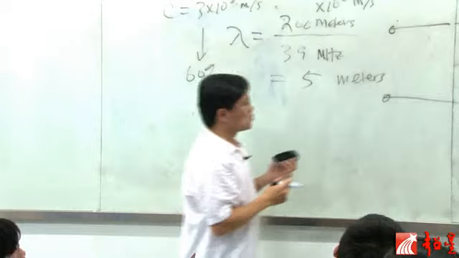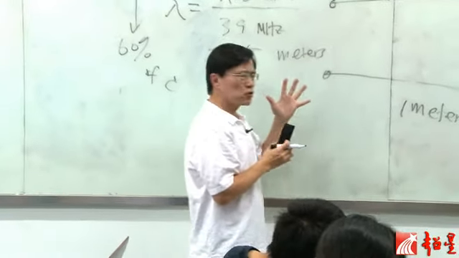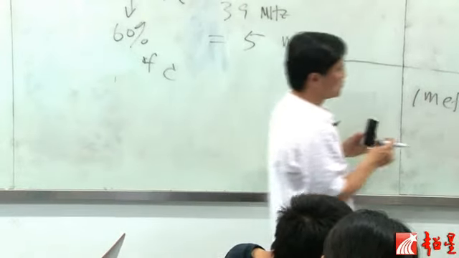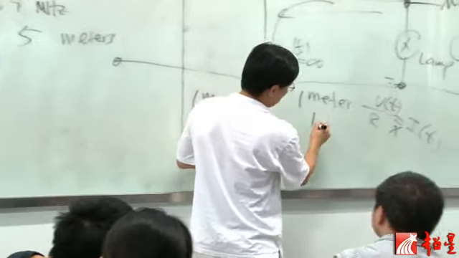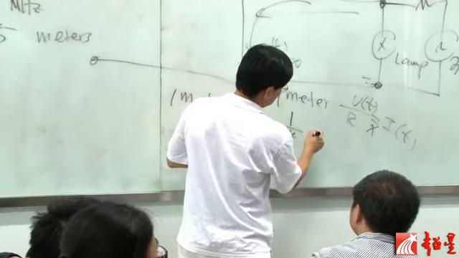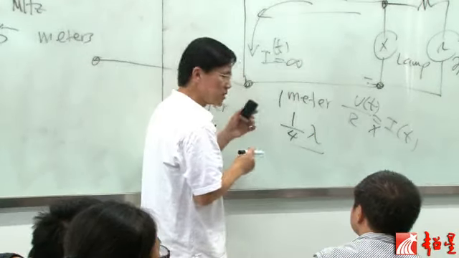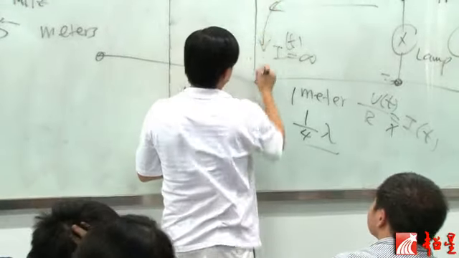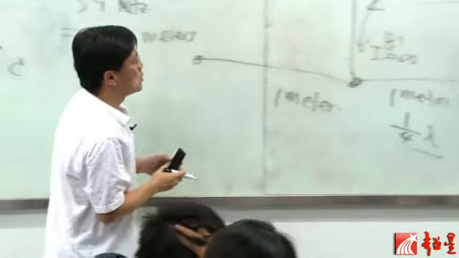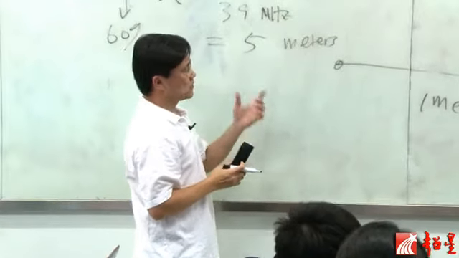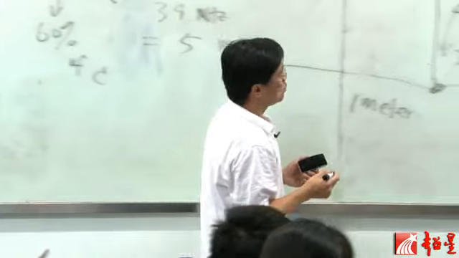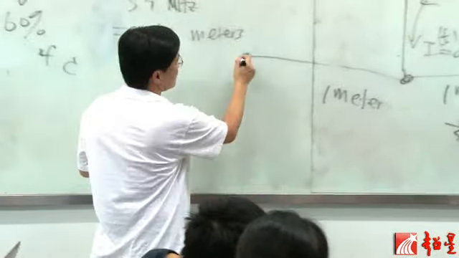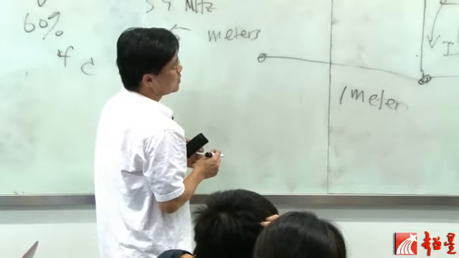And then 1 meter is more or less close to about 1/4 of the wavelength, a little bit more than that. So basically, if I draw one wavelength of this wave, it's going to be 5 meters.